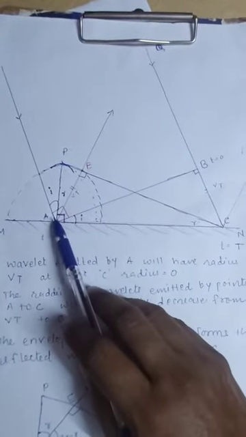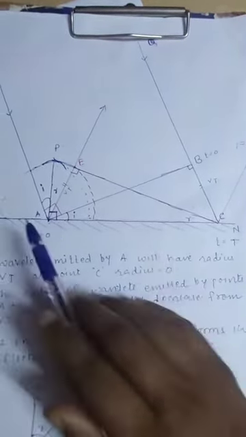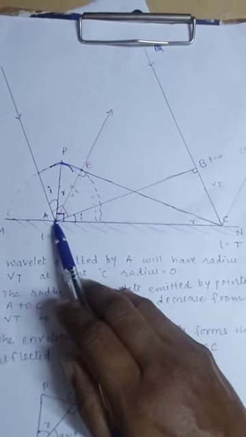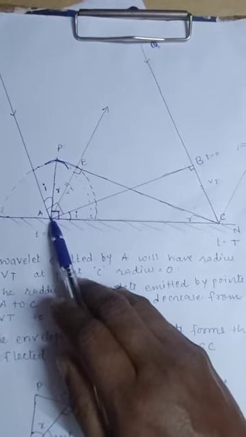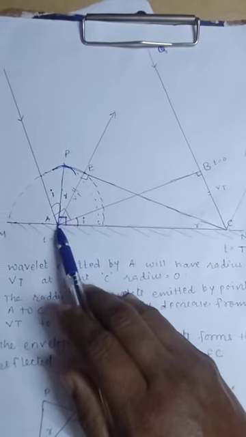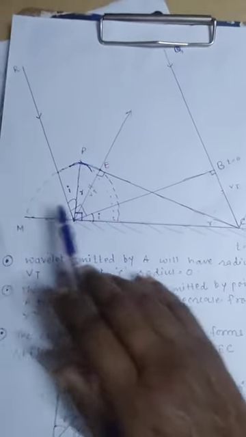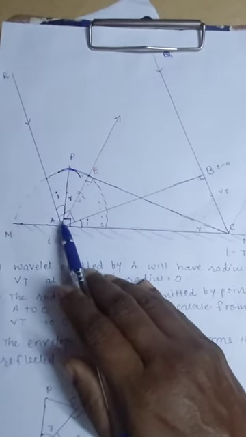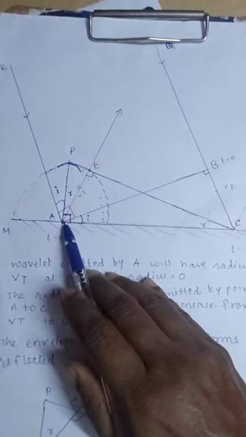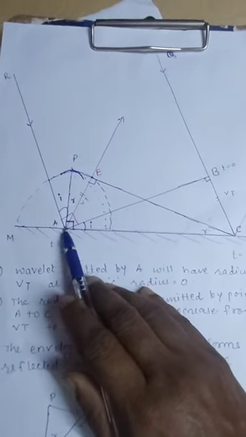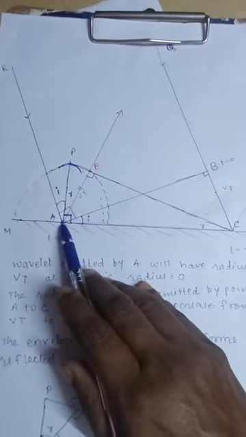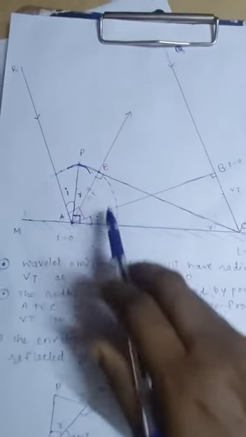So when RA comes and is incident on MN, as soon as it touches this surface, the point A on MN will behave like a secondary source of light and start emitting secondary wavelets.